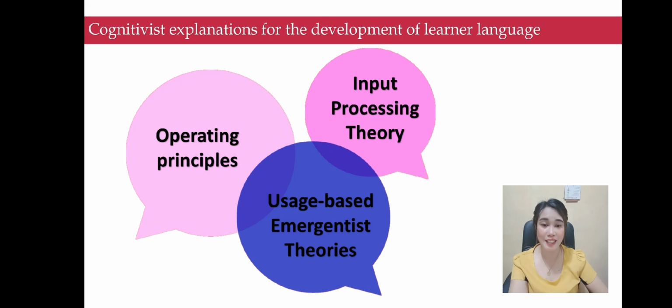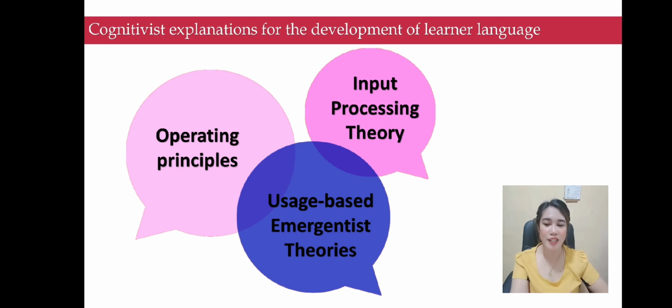For instance, if one were to assume that there is a critical period for language acquisition, one might also anticipate that adult second language learners do not use fundamental concepts as frequently as youngsters learning a second language. So that is operating principles.